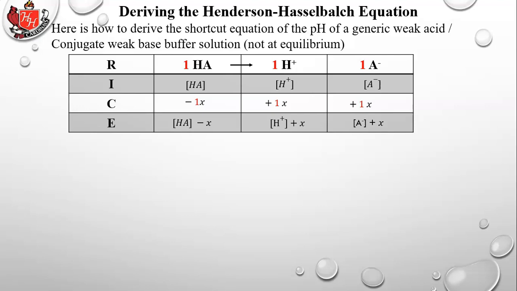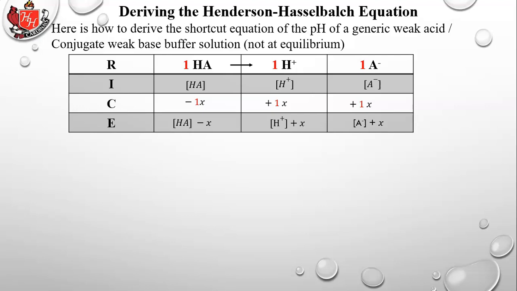Now we're still going to subtract 1x on the left side and add 1x on the right side, and you end up with HA minus X in the equilibrium line for the acid. You end up with hydronium ion plus X on the right side, and you end up with the conjugate base plus X on the right side as well.